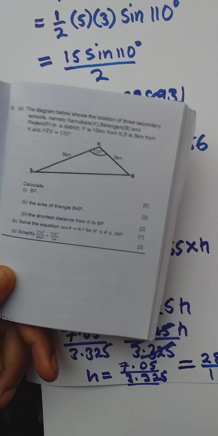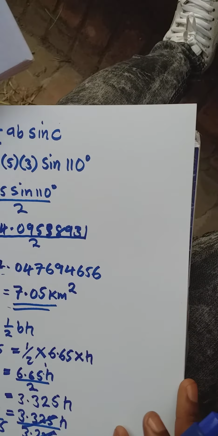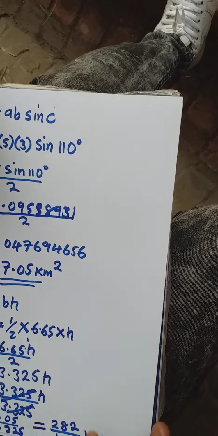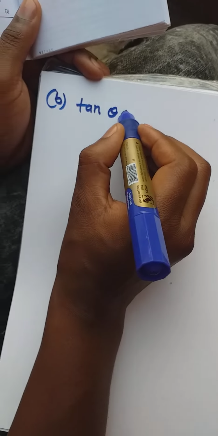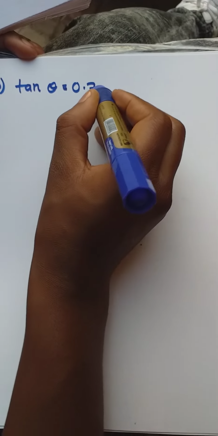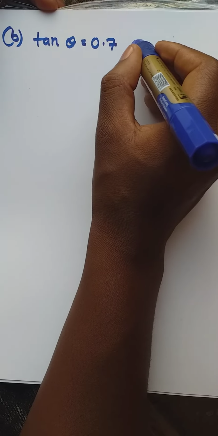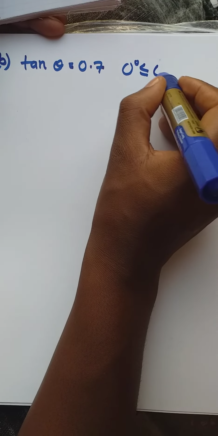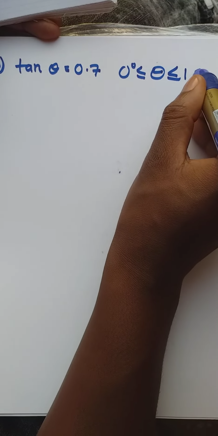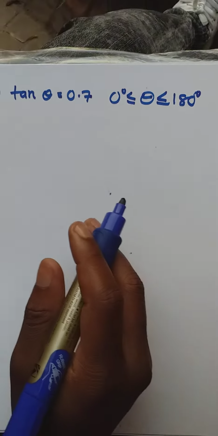3. Then there's part B. Okay, so there's part B. So part B says solve the equation tan theta equals 0.7, for angles from 0 less than or equal to theta less than or equal to 180 degrees.